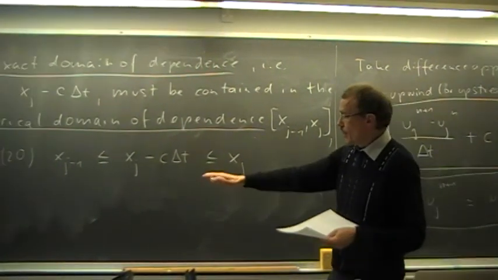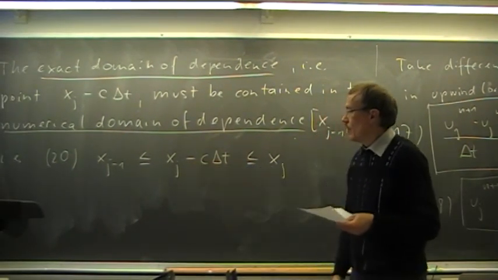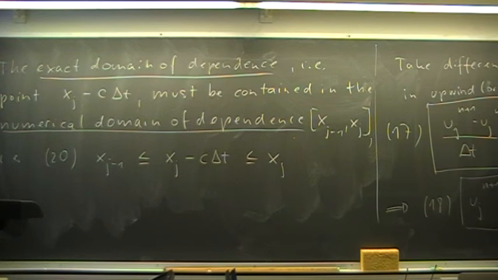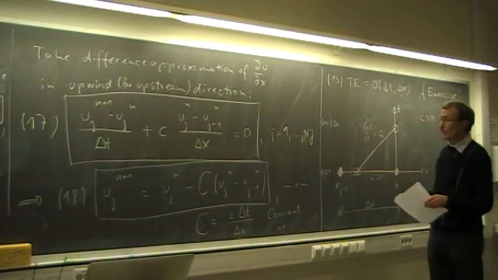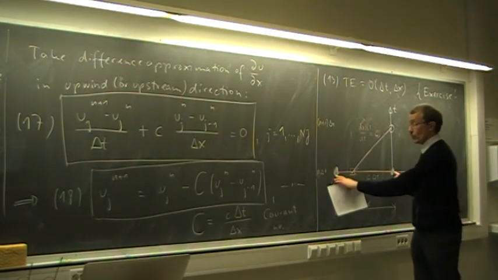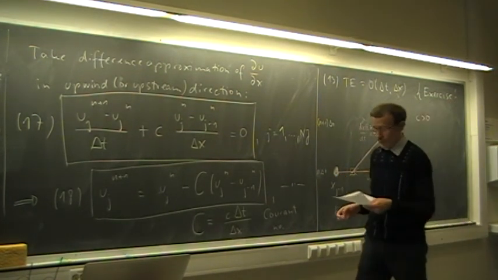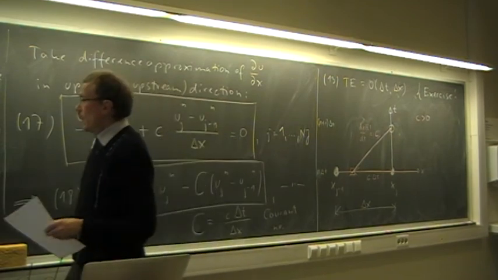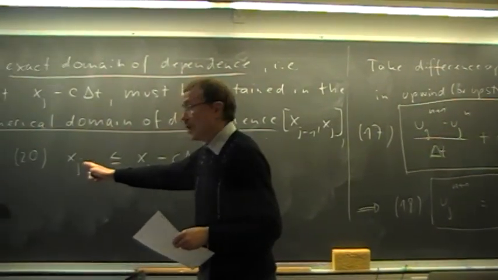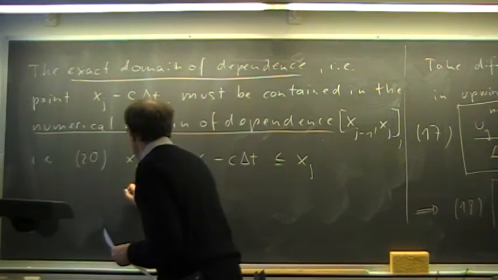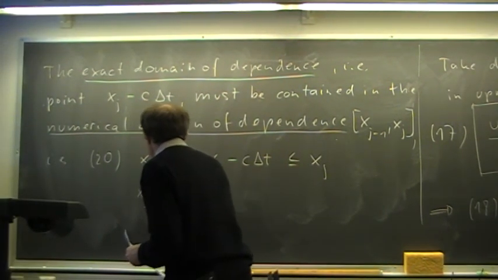Then this point, where the characteristic comes from the old time level, will be in this interval. Then it makes sense to use these 2 points for determining the solution. And this here is xj minus delta x.